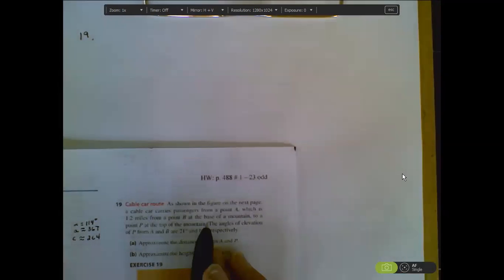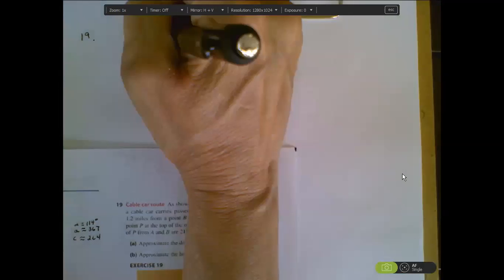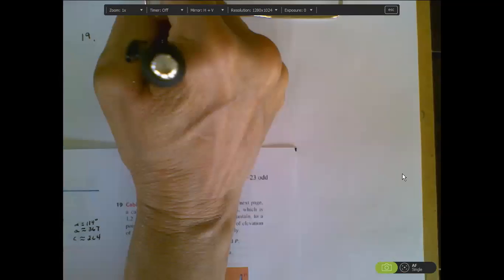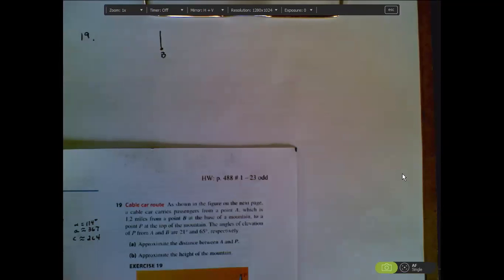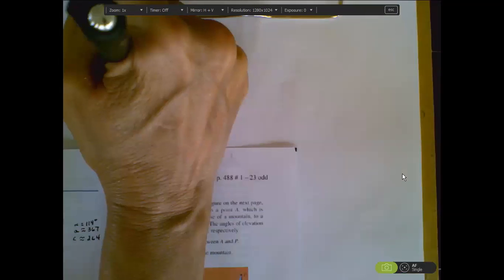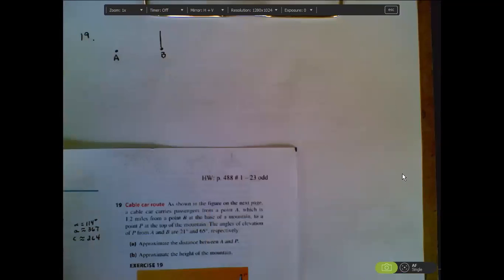So I need a mountain, and I need a point B at the base of the mountain, and I need a cable car carrying people from some point A up to the top of the mountain.